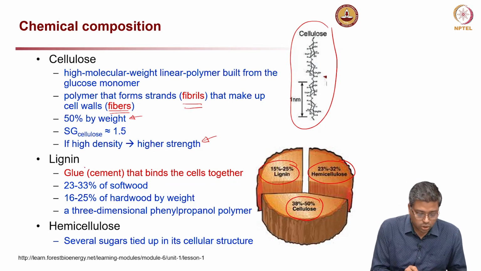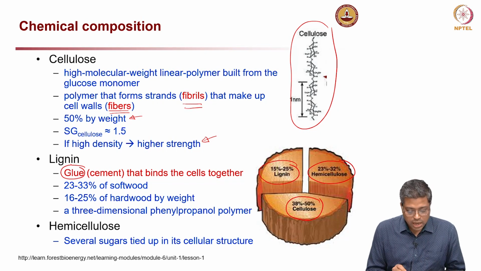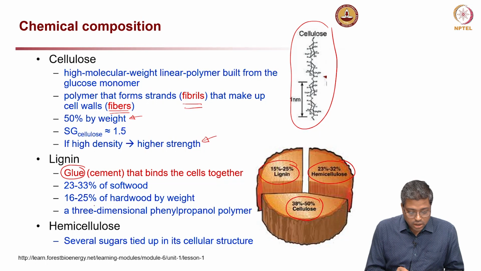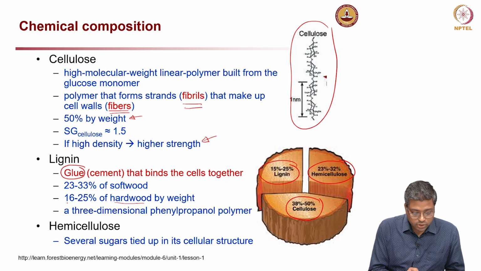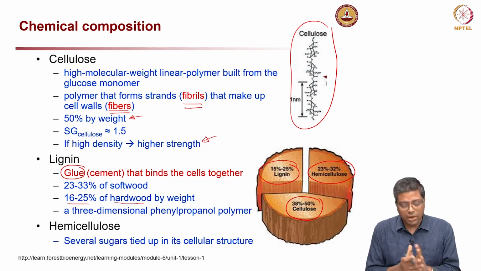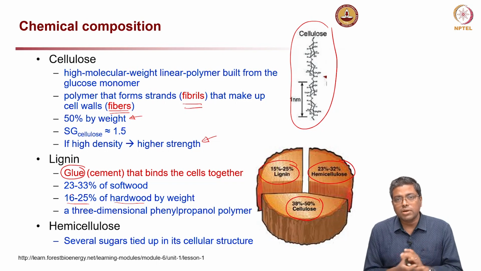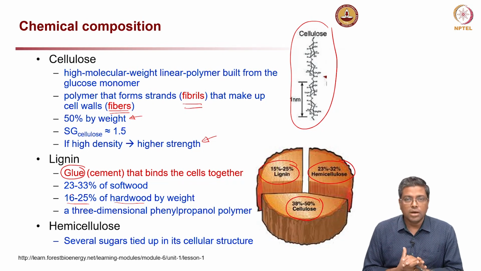Essentially, it is a glue. It is 23 to 33% of softwood, and in case it is a hardwood, then it is different. These numbers, I am not expecting you to memorize, because this will vary from wood to wood, but just to have a ballpark idea about how much is the composition.